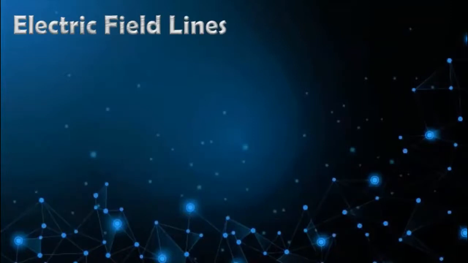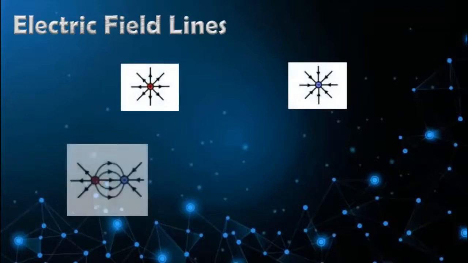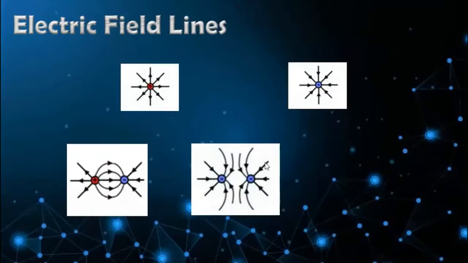We have here an illustration of different cases. Observe the behavior of the electric fields if we have two objects having different charge, one is positive and the second one is negative. On the second illustration, we have the same charge objects, both are negative.